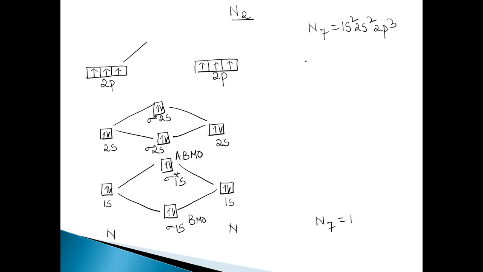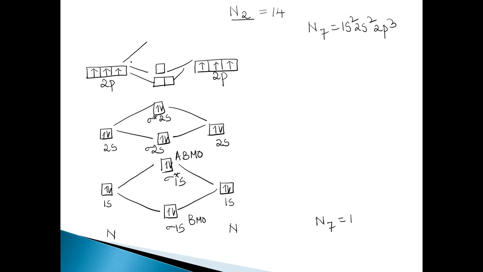So the sigma is formed, but in the previous slide, we have seen that up to atomic number 14, the energy of pi orbitals is less than that of the sigma. So first, this one results in the formation of pi. The energy of pi is less when compared to the energy of sigma.